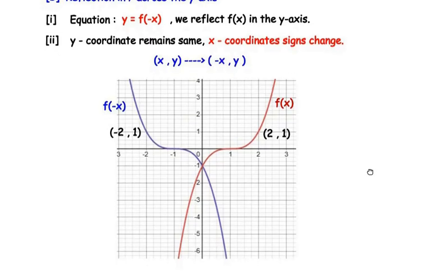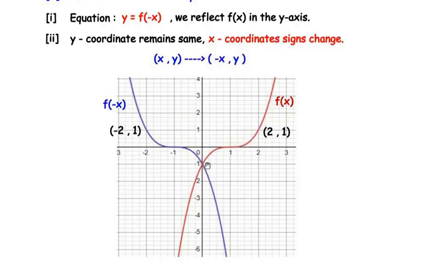So now we have considered the parent function f of x over here, and we have considered the point on the parent function, that is (2, 1). Now this is going to get reflected across the y-axis, that is, this point is going to go towards the left. So the points which are on the right are going to move to the left, and the points which are on the left are going to move towards the right.